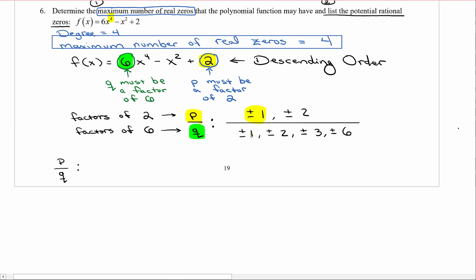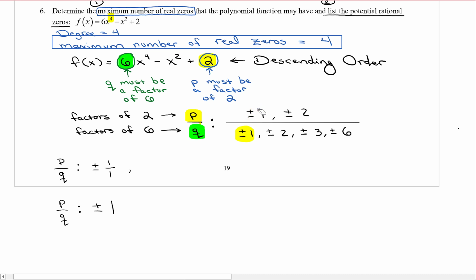This is going to be plus or minus 1 over plus or minus 1. If you divide 1 by 1, we get 1 over 1, and it's still positive or negative. If we simplify that, it's positive or negative 1 because 1 divided by 1 is 1.